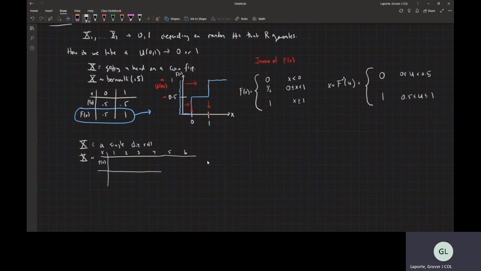So that's the support for this distribution. And let's say that it lands on 2 half the time. A little crazy. And then what does that mean about the rest? We'll say 1/6 of the time that it does this, 1/6 of the time that it does that.